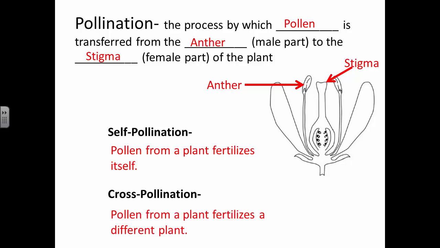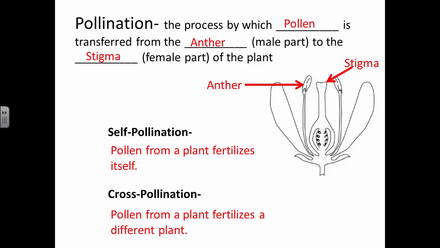Usually what happens is what we call cross-pollination. Pollen from one plant fertilizes a different plant. That's called cross-pollination: transfer of pollen from the anther of one plant to the stigma of another.